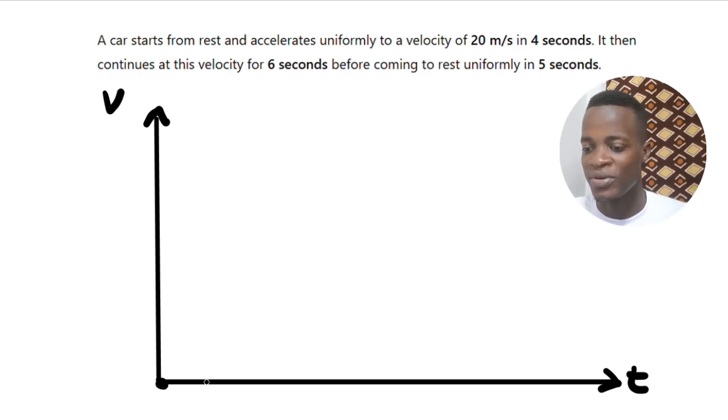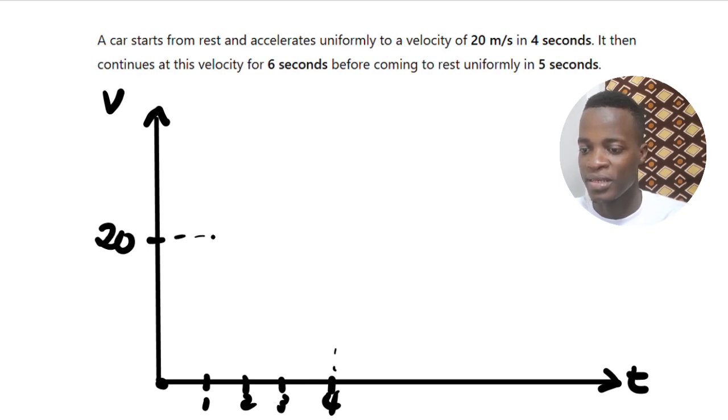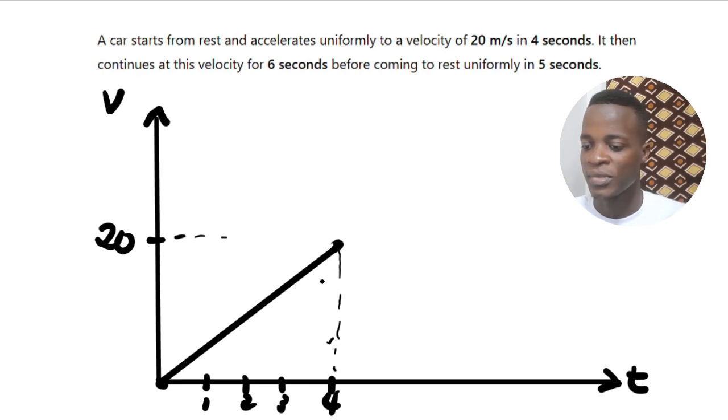So that acceleration is happening in 4 seconds: 1, 2, 3, 4. The thing moves from rest to 20. Let's say 20 is somewhere here, right? We accelerate to this point. Okay, that's the very first one.